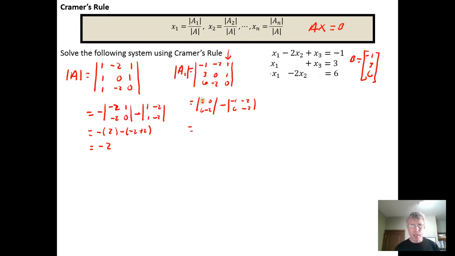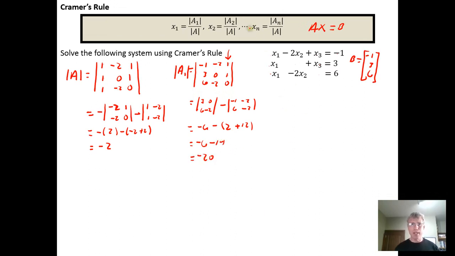And so from here we get negative 6 minus 0 is negative 6, minus negative 1 times 2 is 2, minus a negative 12 is plus 12. It's going to equal negative 6 minus 14, which is a negative 20.